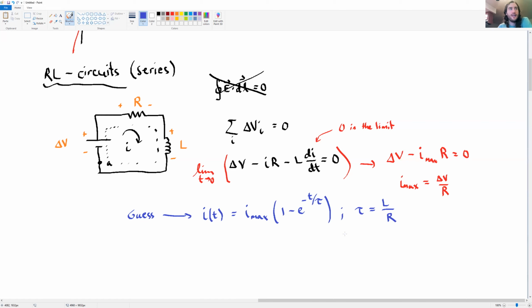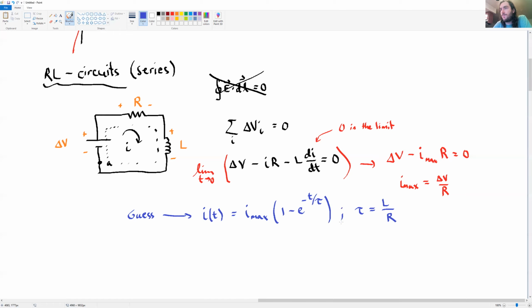So if we plug this back in, we're going to see that this is the solution, and that is something for you all to do. We're not going to go through that right now in class. Do it yourself. Verify that that's true when tau equals L over R.